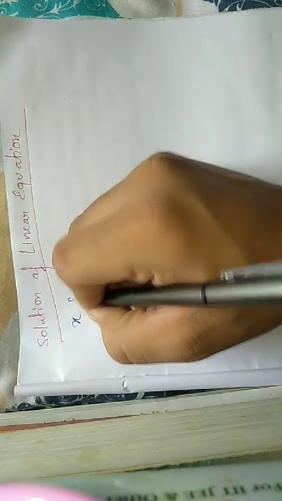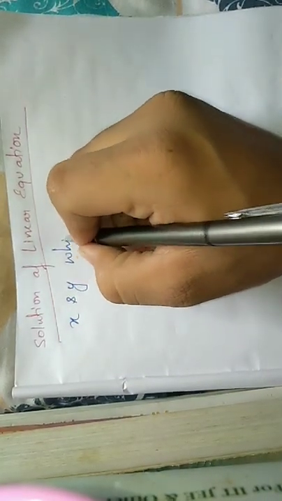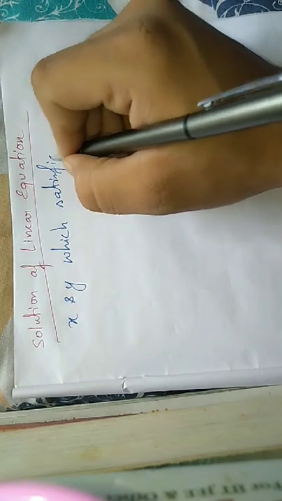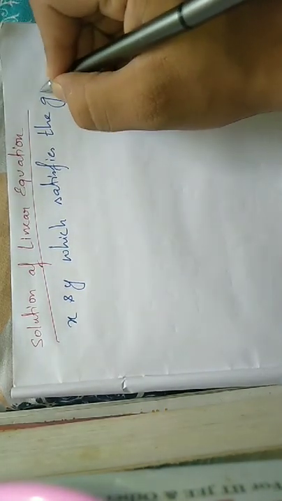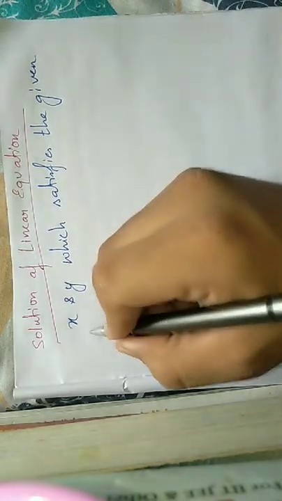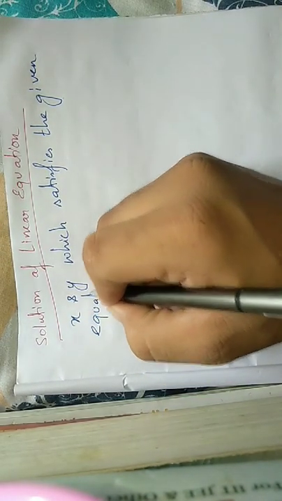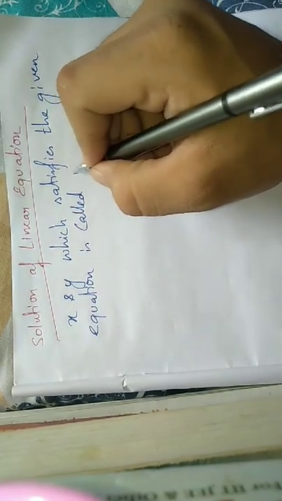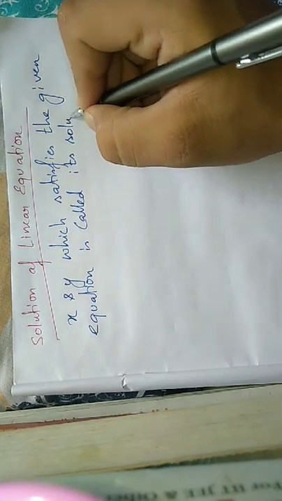What is the solution of a linear equation in two variables? Any values of x and y which satisfy the given equation in the question is called its solution.